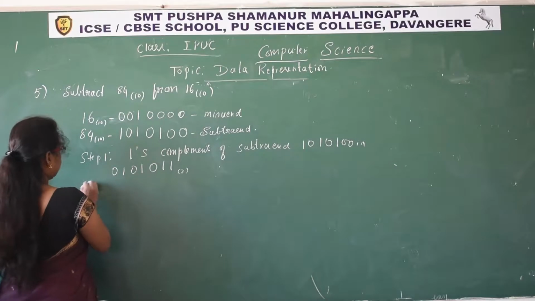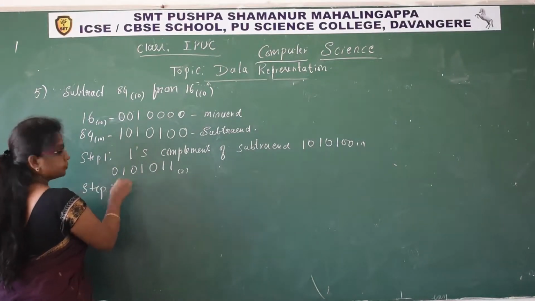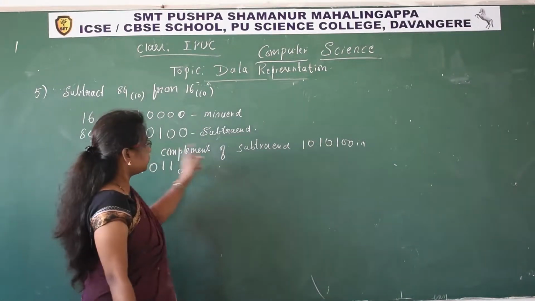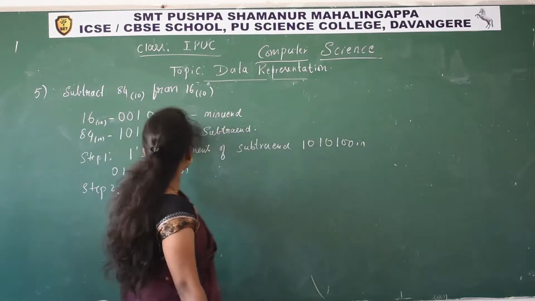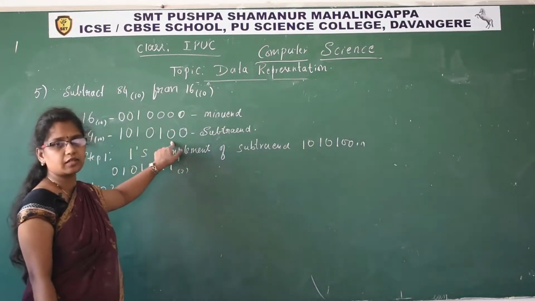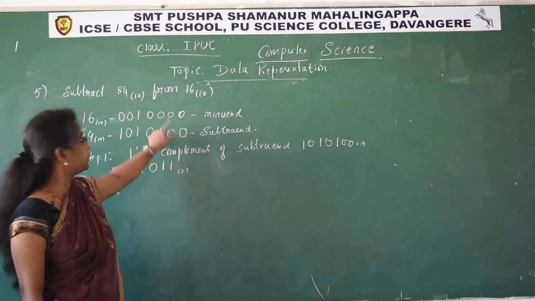Next, step 2. Now we had taken the 1's complement of this subtrahend. Now what is the next step? That subtrahend I have to add with the minuend.